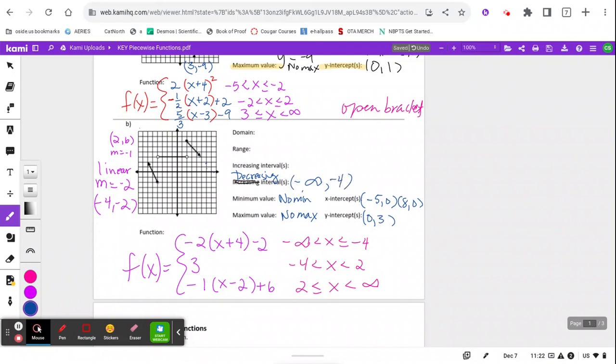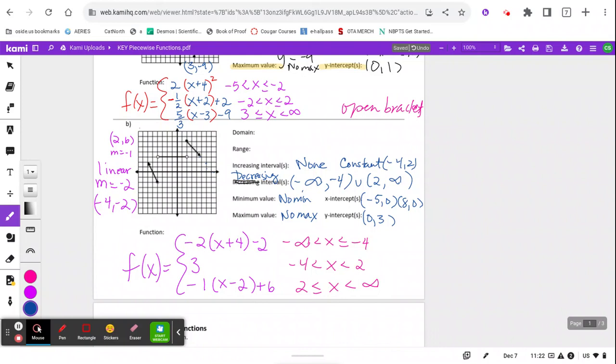Remember, we use all open brackets for increasing and decreasing. And we also say from 2 to infinity, there's that other segment that is decreasing as well. Increasing intervals are none. Interval constant, it's not mentioned here, but the interval that's constant, there is one section that goes from negative 4 to 2. If that's ever asked, you could say the interval constant is negative 4, 2.